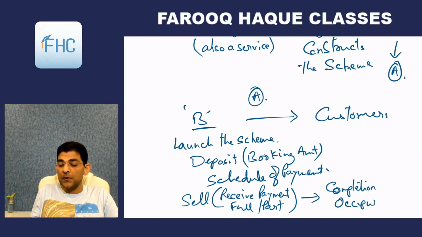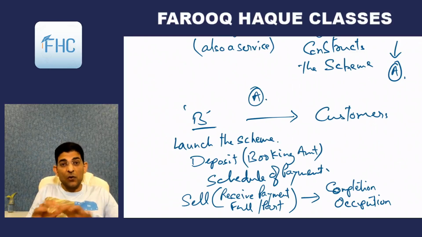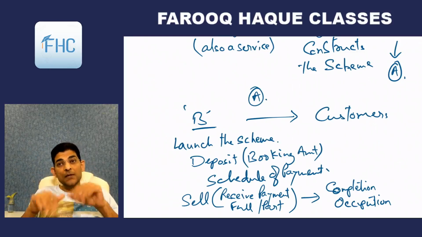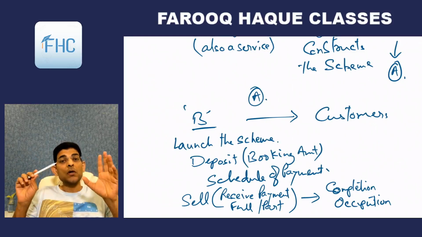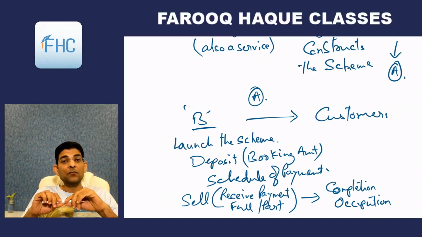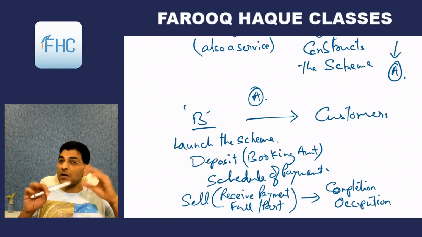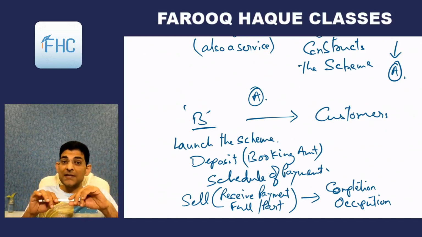So completion or occupation comes later on. In this case, when you sell off the building first and then you complete it or give occupation, this is taxable. It is called construction service, and the amount that you take for the flat will be fully taxable. So if you sell the flat for 2 crores, that 2 crores is chargeable to GST.